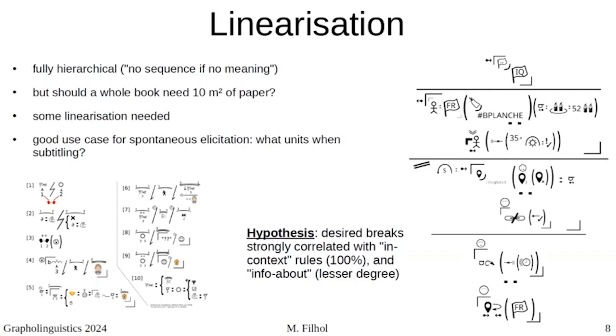And so a good use case for that is to imagine what we would want for subtitling, because that will be kind of tied to real time, and you've got these things popping up and off, and so these are acceptable units and will force serialization. Doing this on a story spontaneously makes us break at these horizontal lines, and sometimes at other points, and you can kind of see it already separated this way.